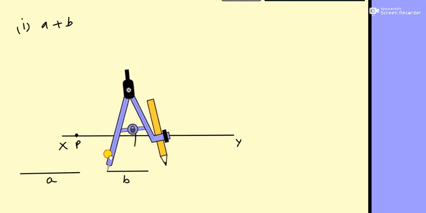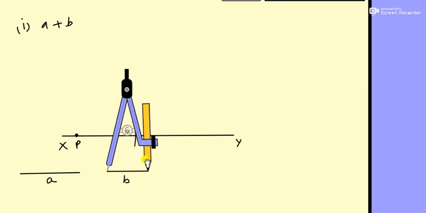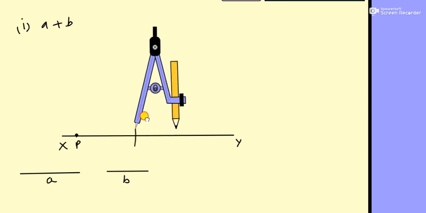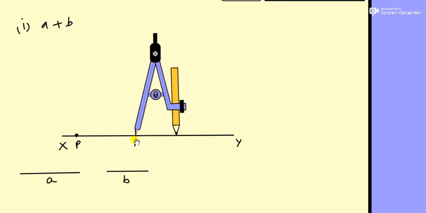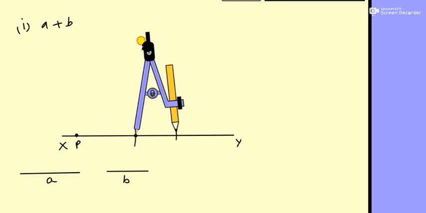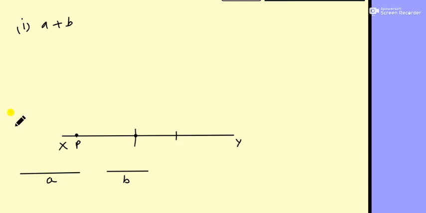Once again, take the distance of line segment b, keep it at this point, that is point Q, and make an arc like this. Remove the roundel. The point P, this is your Q and this is your M.